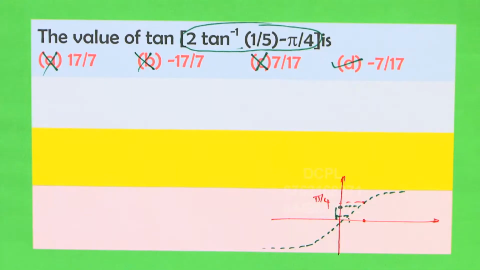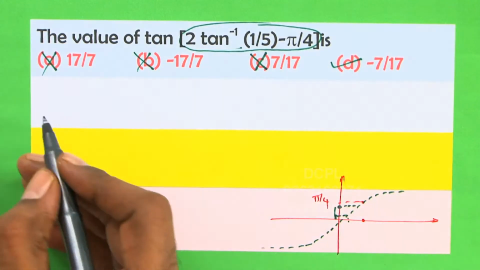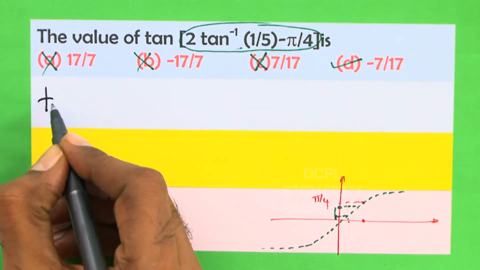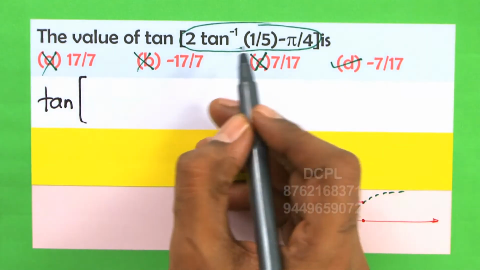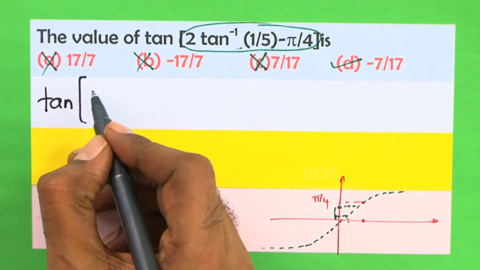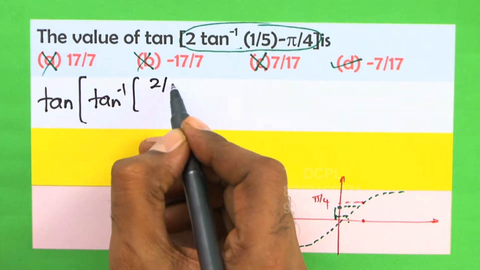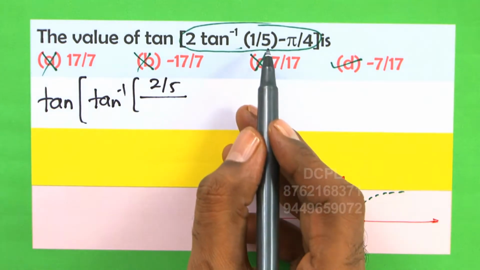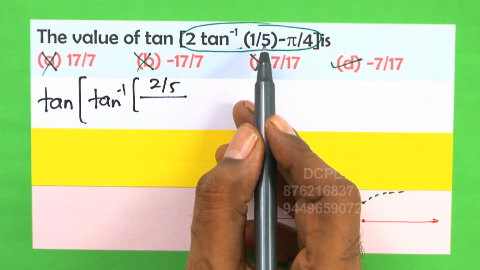Look at this. We have tan of 2 tan inverse of 1 by 5 minus pi by 4. I will write this as tan of tan inverse of 2 tan inverse of 1 by 5. I will write it as tan inverse of 2 by 5 divided by 1 minus 1 by 5 whole square. 1 minus 1 by 25.